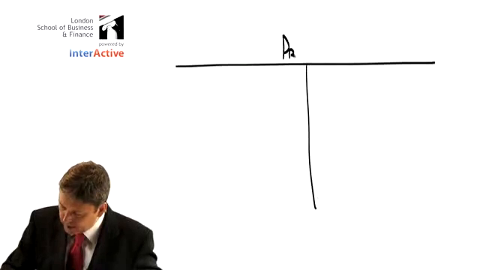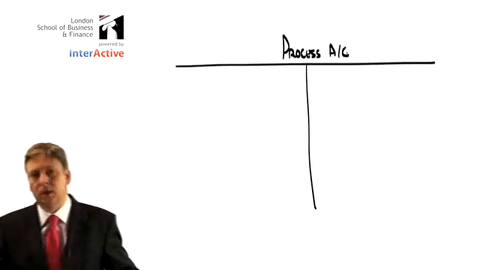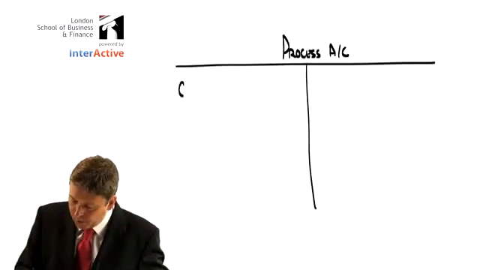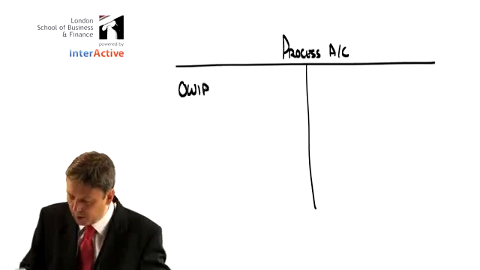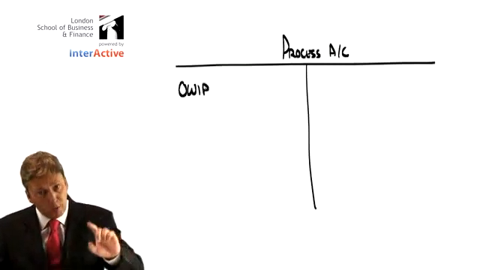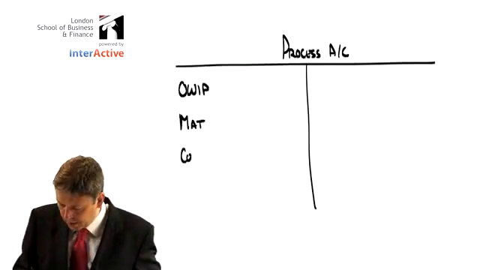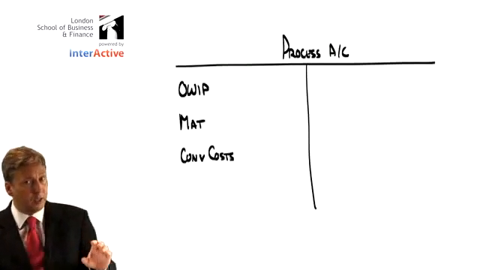If that's the case, let's look at the process account. If we were to focus on the process account, remember, we had some opening work in progress. We also had the material costs and the conversion costs during the period. Now, I could look at the units here.